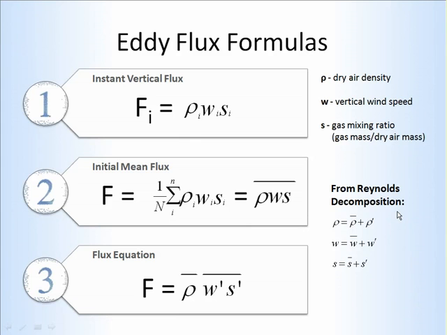As you see here, the overbars represent means, the primes stand for deviations. After we simplify equation 2 using Reynolds decomposition, we get equation 3. That is the final covariance formula. Flux is equal to mean dry air density multiplied by the mean covariance of vertical wind speed and the gas mixing ratio.